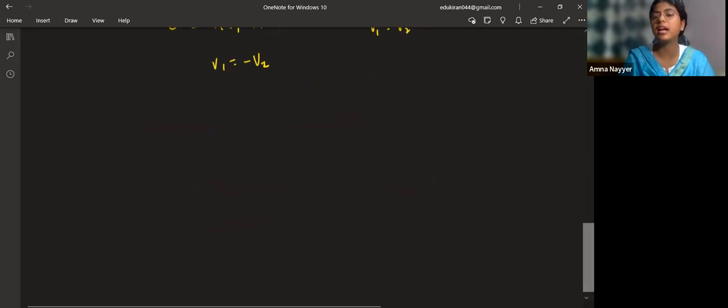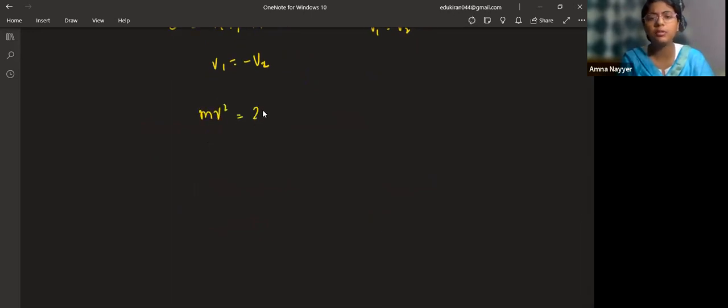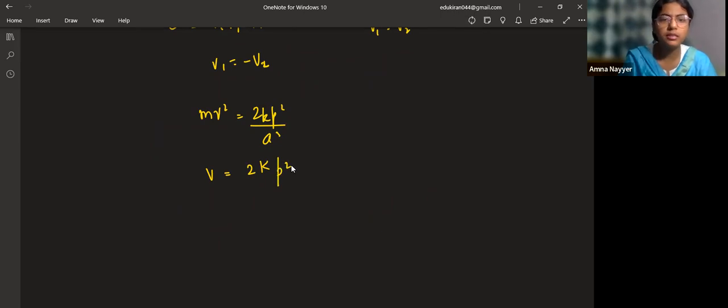This was the physics that had to be applied. Now the rest is just calculation. m v square will become 2k p square by a cube, right? So velocity will become, from here, k p square divided by m a cube.